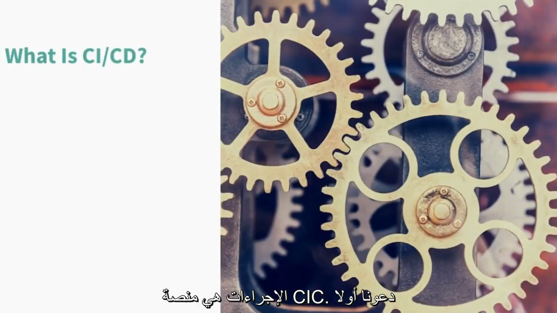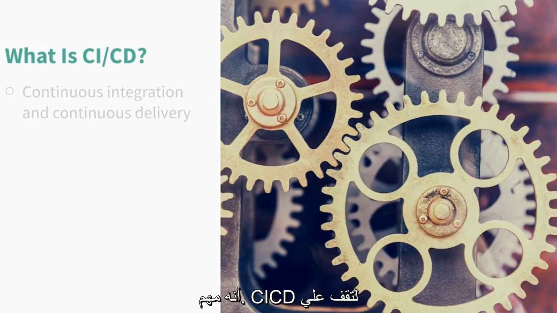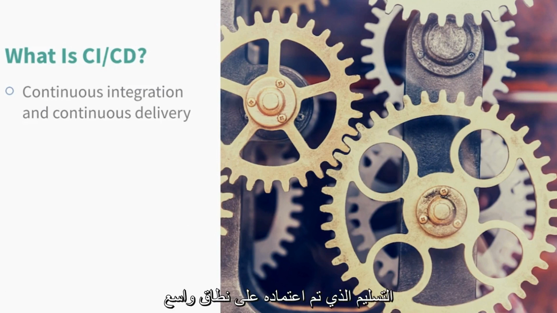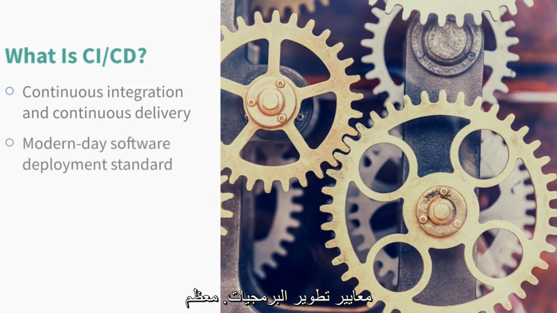GitHub Actions is a CI/CD platform. Let's first understand what CI/CD means and why this is important. CI/CD stands for Continuous Integration and Continuous Delivery, which is a widely adopted standard for software development. Most companies use the CI/CD pipeline to automate their deployment process, from running tests to building applications from source code to making releases.